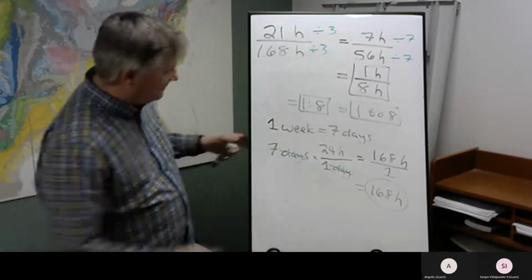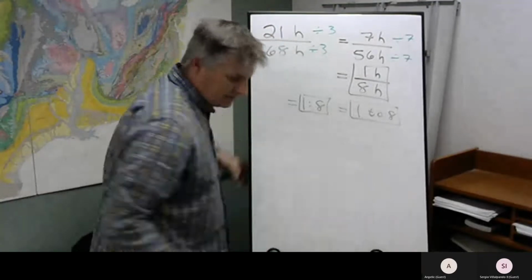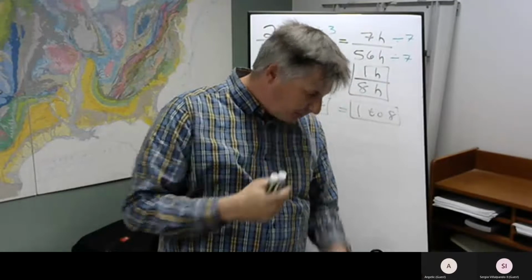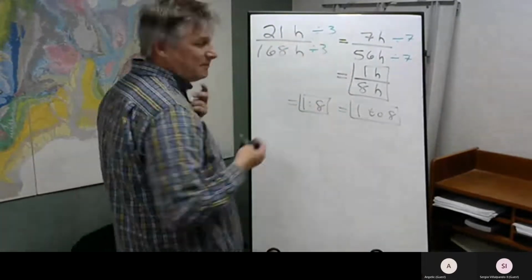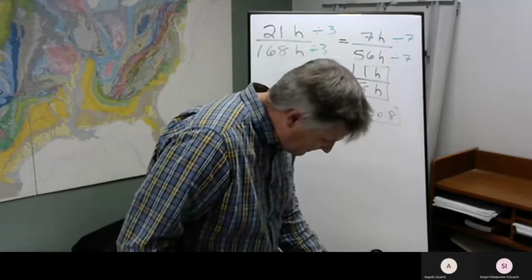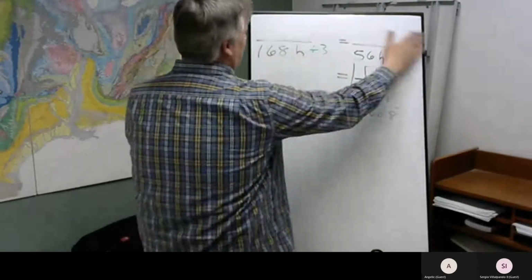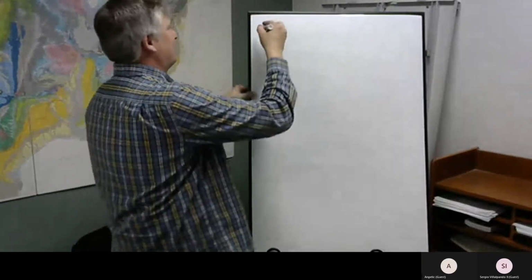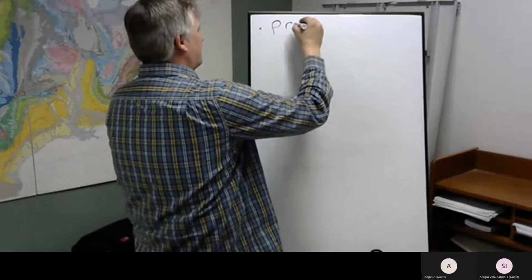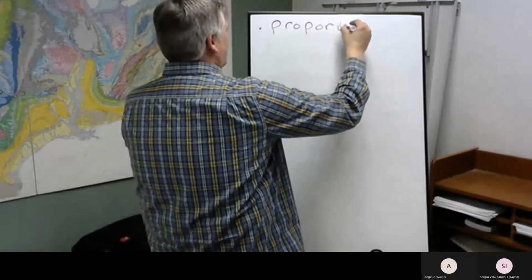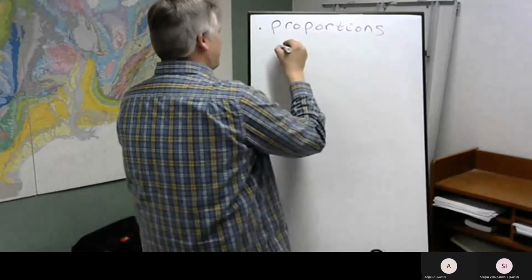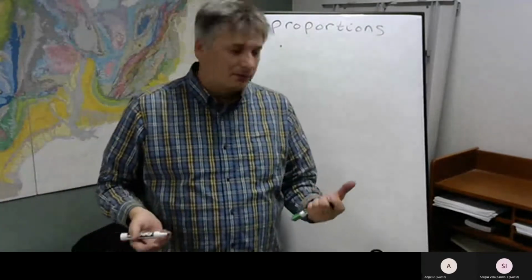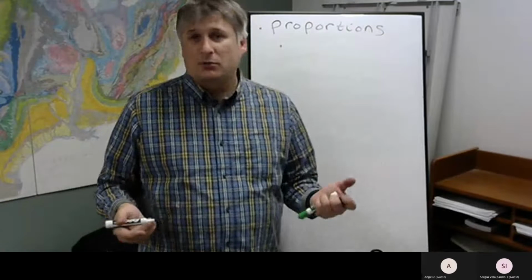All right. So the last thing to mention in this section is proportions. Now, this is an equation where we're equating, setting equal to, 2 rates or 2 ratios.